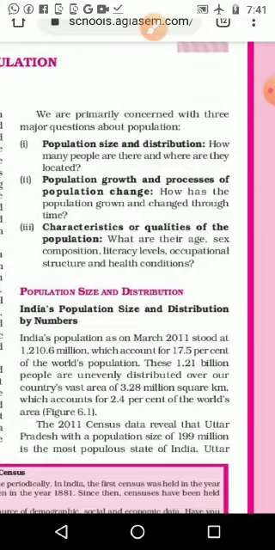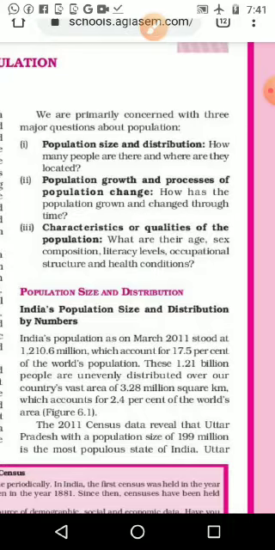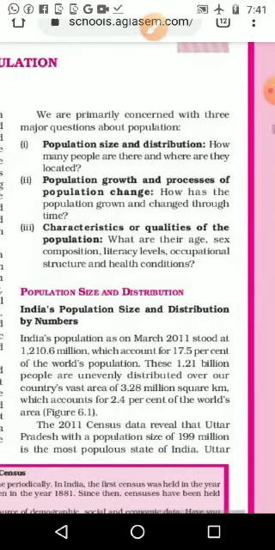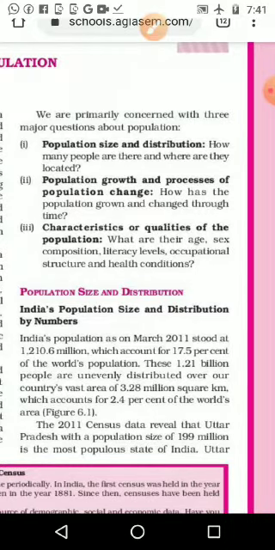The next one is population growth and the process of population change. What is population growth? It is annually how many births and how many deaths occur, and according to that, how many people are added every year, and how the population has grown. Nowadays, because of corona, 8 lakh people have died in the world, and in India above 50,000 people died.